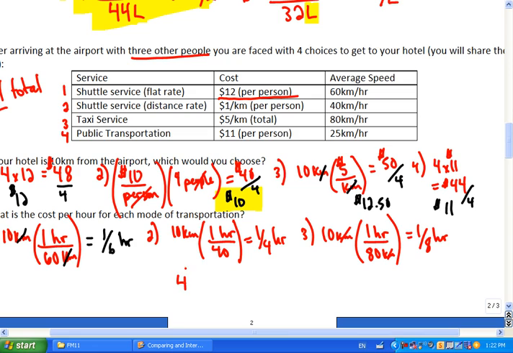And then finally, 10 kilometers, we're going to have 1 hour and 25 kilometers. So that's 10 out of 25. You could also call that 2 out of 5. But anyway, this is the time.